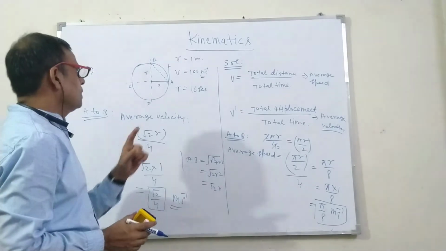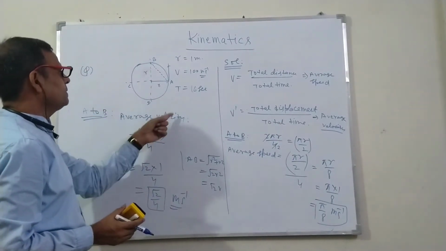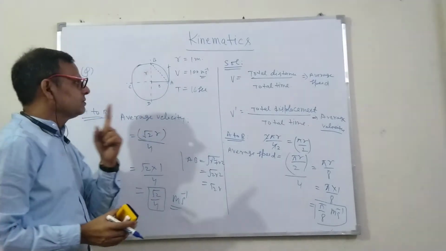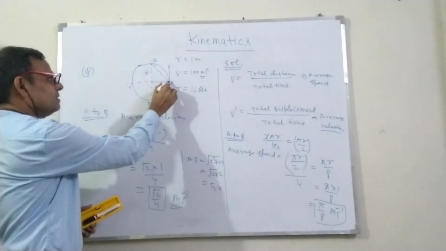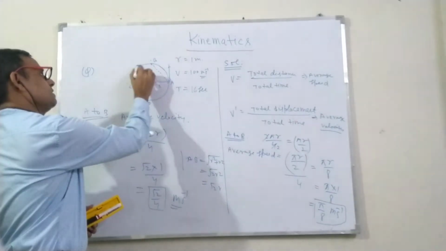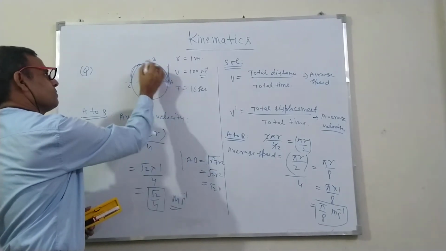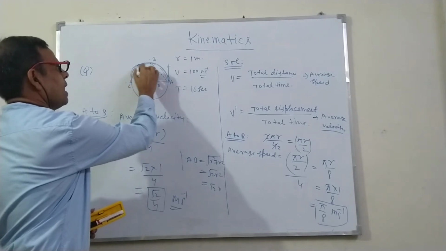Similarly, we have to calculate the average speed from A to C. Then what will you do? For average speed from A to C, we need the path length, because the distance from A to C is equal to half of the perimeter.